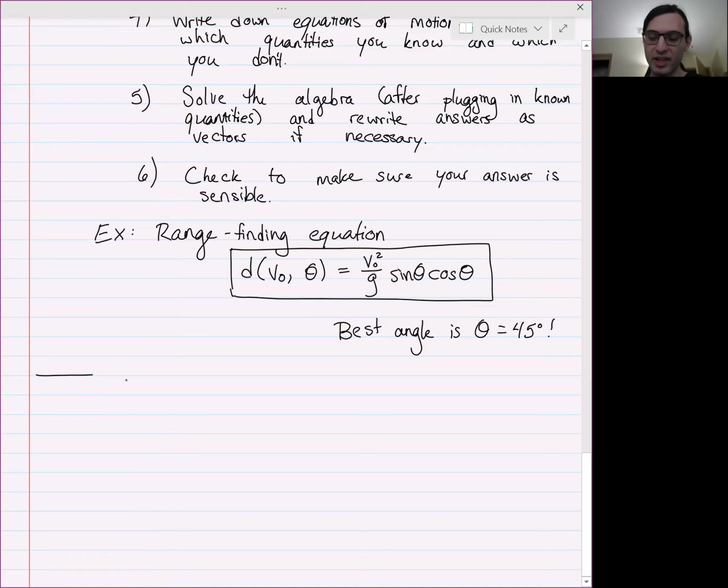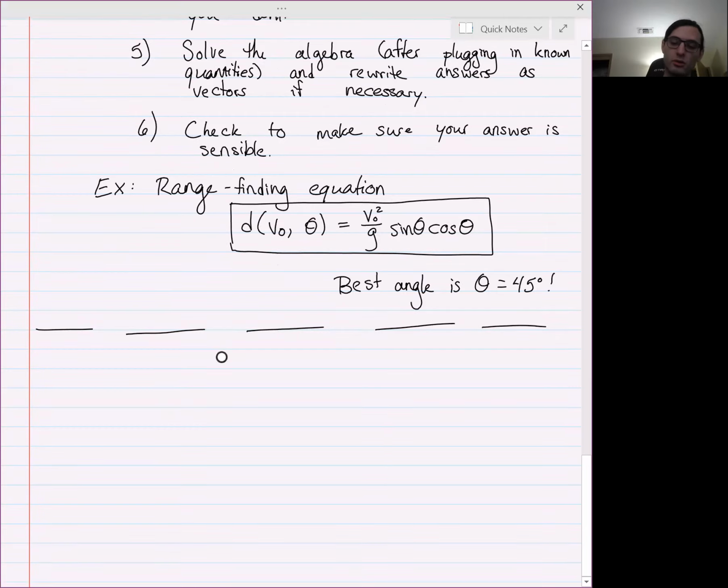We're going to take a step away from projectile motion for a moment, and from motion in multiple dimensions, to talk about relative motion. Relative motion is the thing that we need to understand if we want to be able to answer questions like, from my perspective, if I'm driving on the highway, how fast does it appear that somebody else is moving?